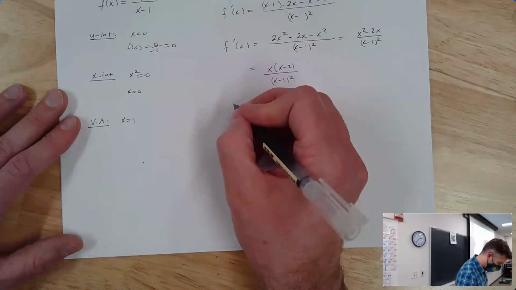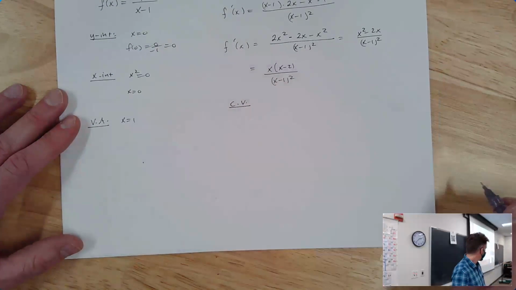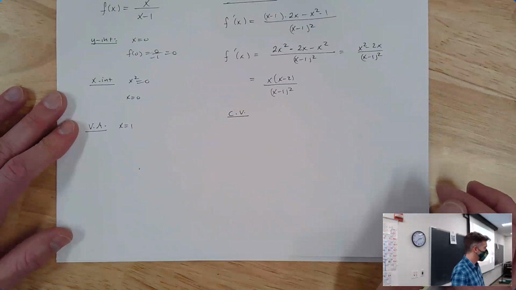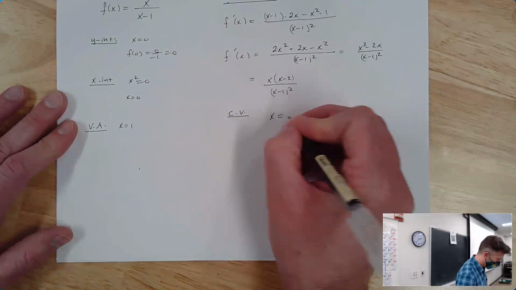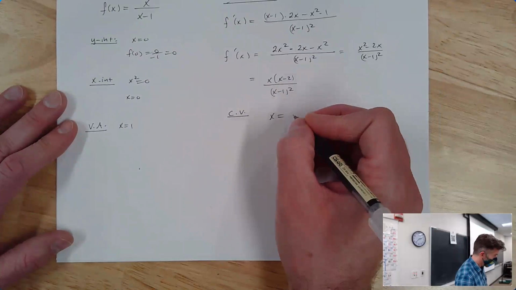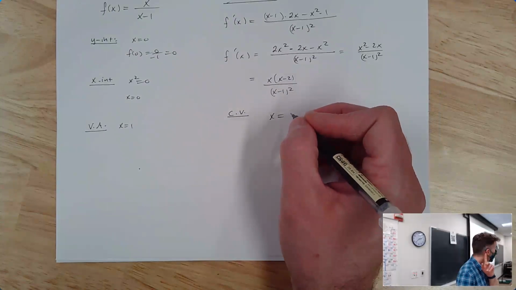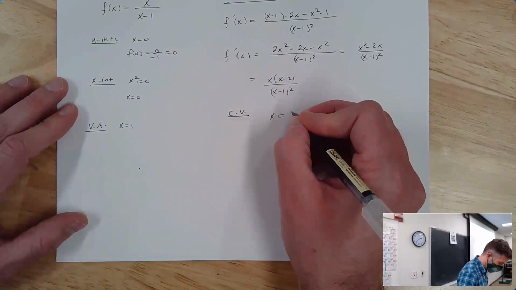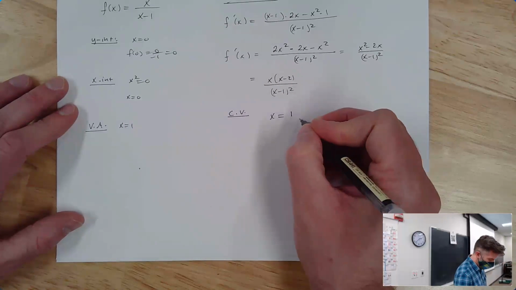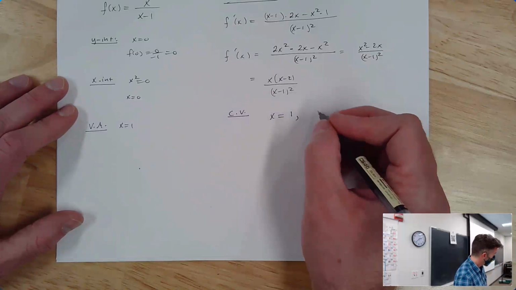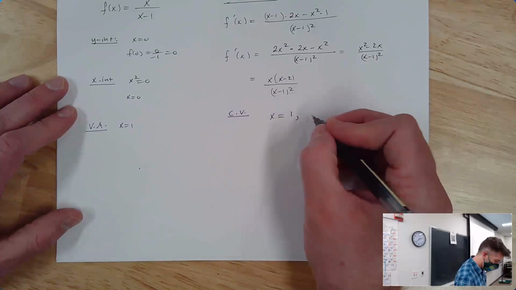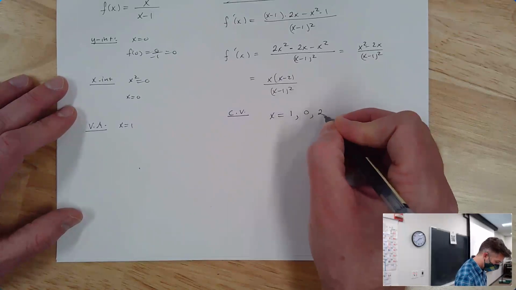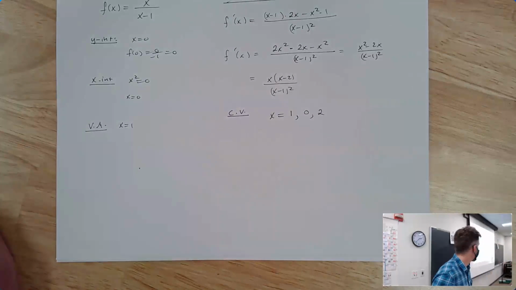Our critical values. What are my critical values? What's one of them? Right, which is going to be x equal to 1. And then what else? Anybody? What makes the top 0 here? Yeah, 0 and 2.